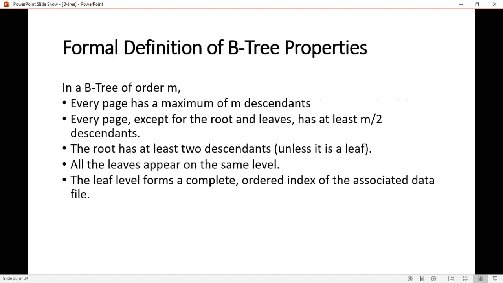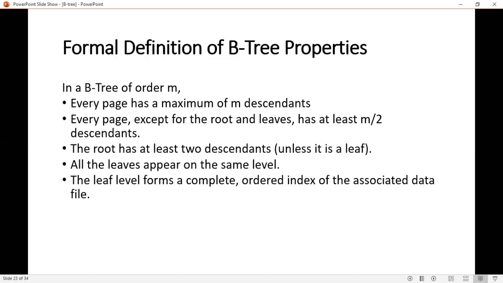Formal definition of B tree properties. We'll go through them one by one, the same as what we discussed in the example creation. Every page has a maximum of m descendants, which is nothing but the order of the B tree.